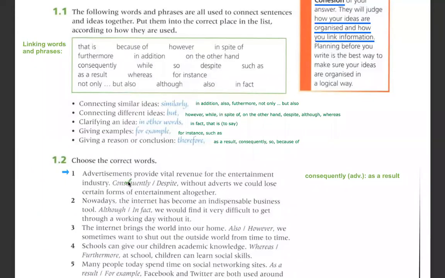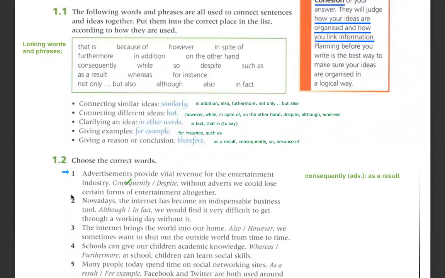Right, consequently is correct. Let's do number 2. So although is for a different idea, in fact is to clarify the idea.